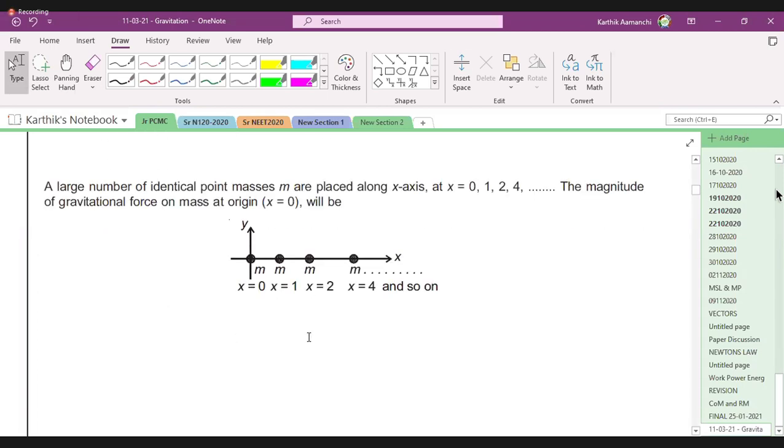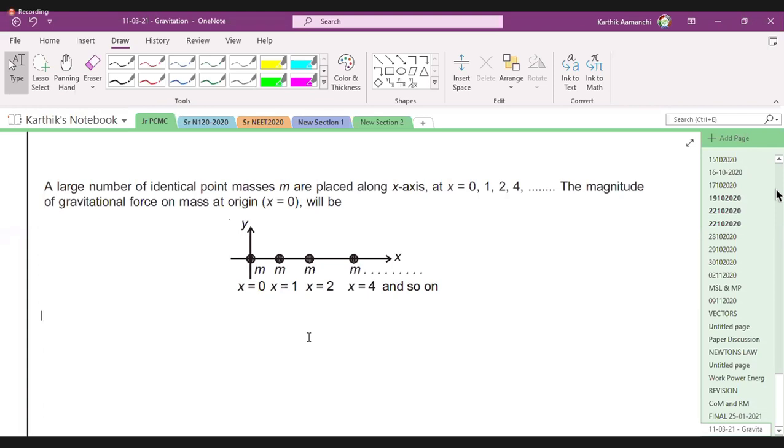Do this question. So 4 by 3 GM. He's asking the magnitude of gravitational force at origin.